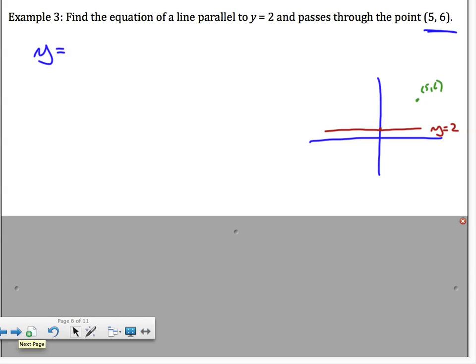So we want a line that's parallel to the red one that passes through this green point. So what's that line going to look like? It's a horizontal line. So where's the y-intercept of that? 6. It's just our y value. So here it's just y is equal to 6.